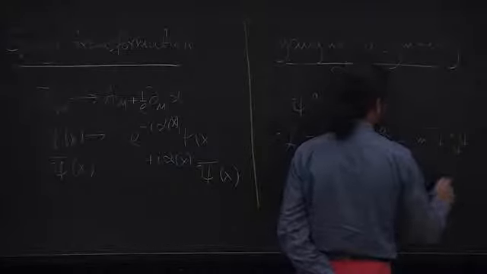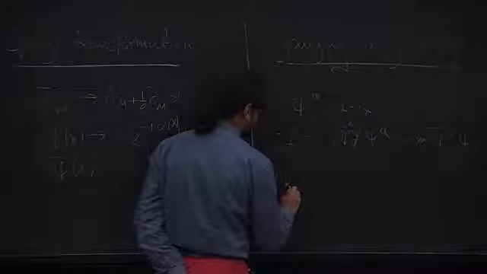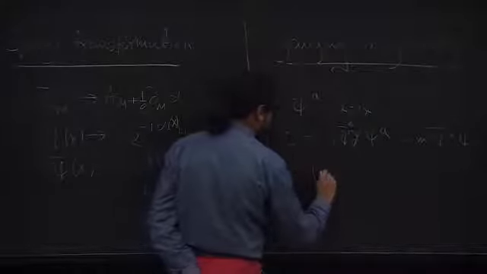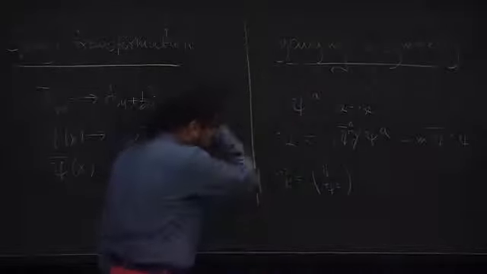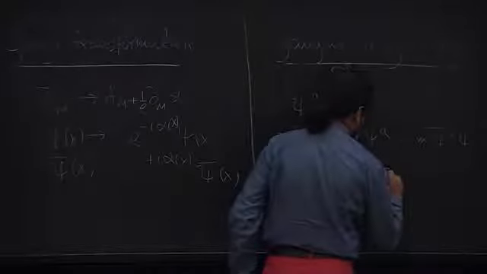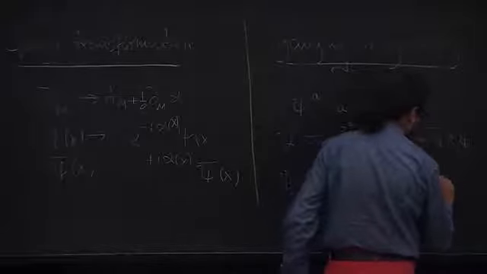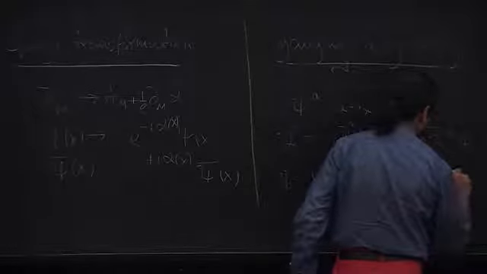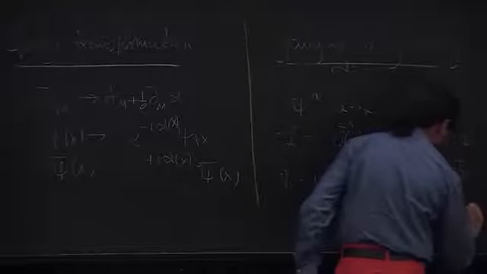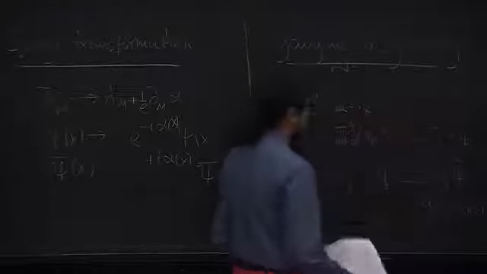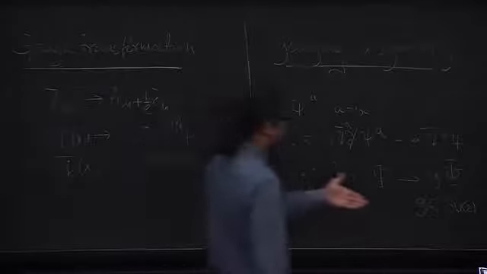And then they said that, okay, if I think of this psi A as a doublet of Dirac fields, then this Lagrangian is invariant under a transformation where the G's are elements of SU(2). But these have to be constant matrices.